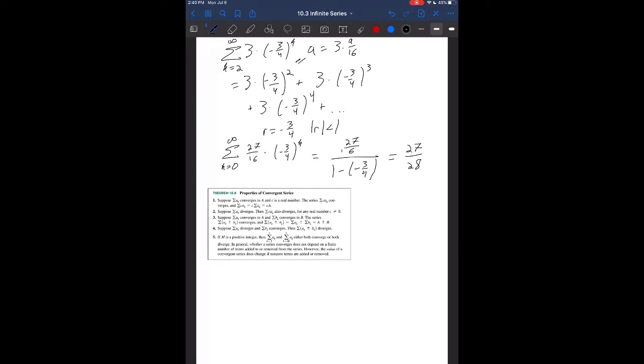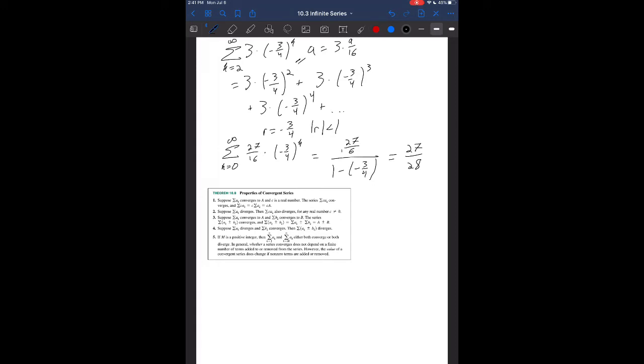The basic highlights of this are going to be, the first one is if you have a constant and you know your series converges, you multiply all the terms in the series by that constant, it's actually just going to be C times A. So it's similar to integration where you can pull constants out as long as we know that our series converges. So as long as we know we get some number as we take this series. Okay.